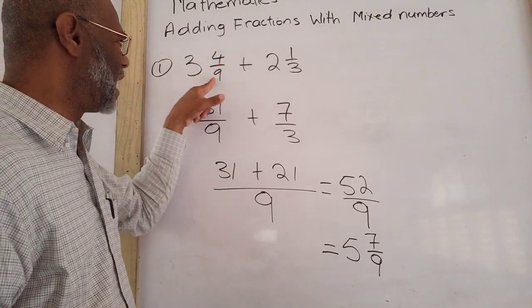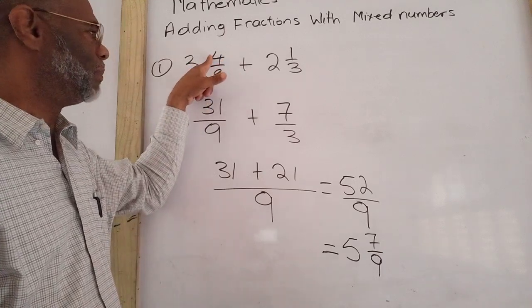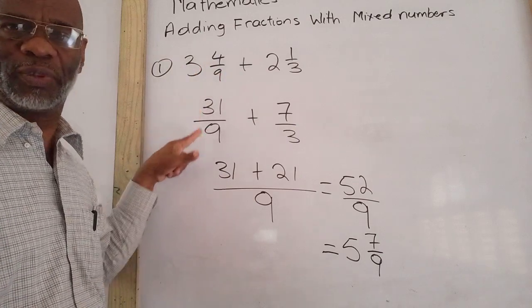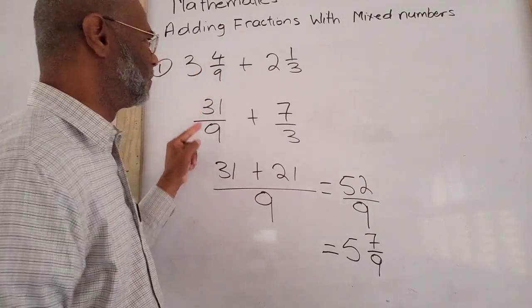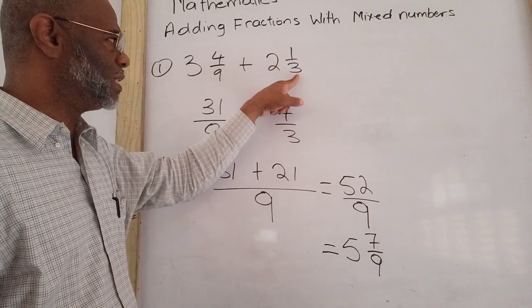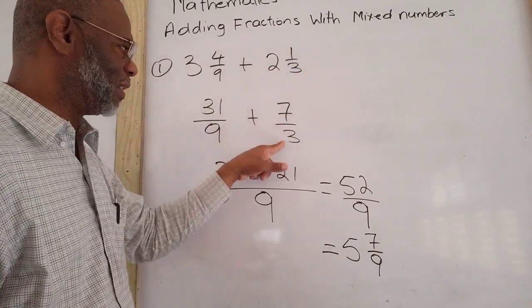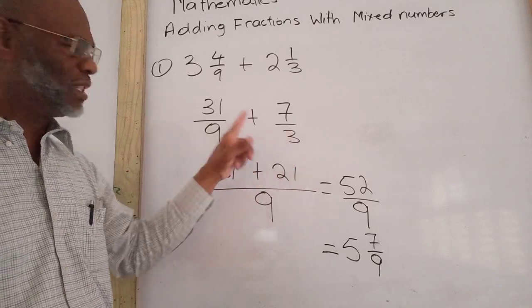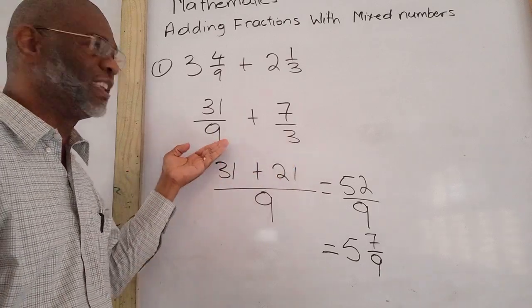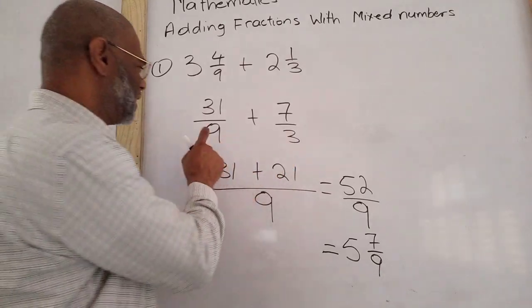So 3 times 9 is 27, 27 plus 4 is 31, and we put it back over the denominator. Then we say 2 times 3 is 6, 6 plus 1 is 7, and we put that 7 back over the denominator. And we say that we need to find the LCM now of 9 and 3.